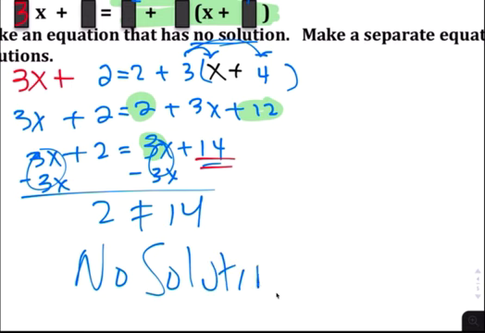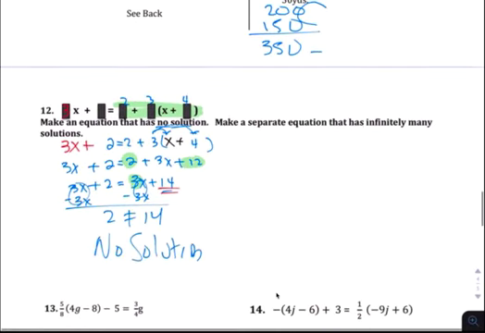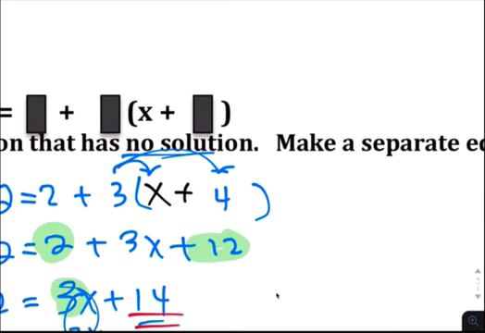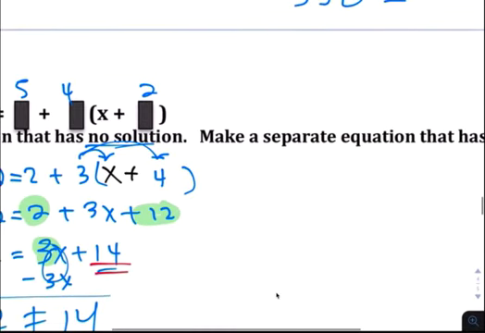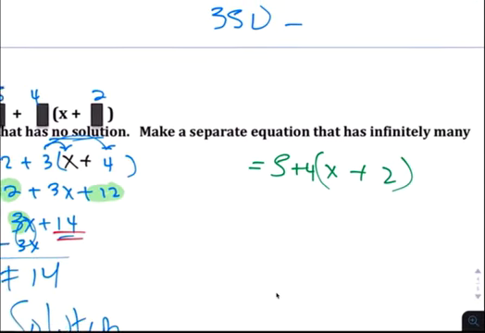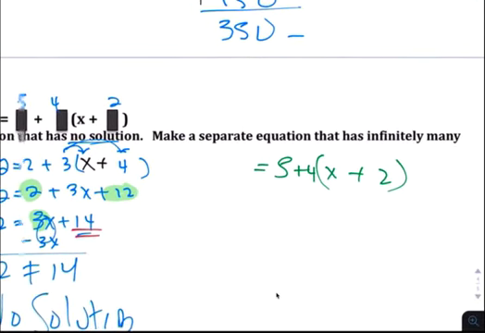Okay. Infinite solution is when they're all the same. So let's pick a number. Let's say 5, 4, 2. Doesn't matter. Okay, so let's say you use those numbers. 5 plus 4 times, parentheses, x plus 2. 5 plus 4x plus 8.